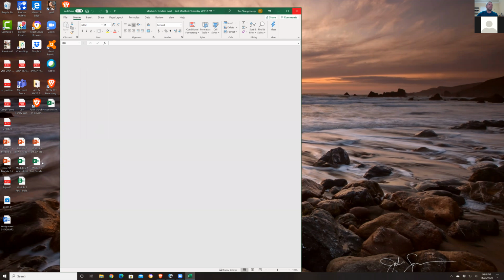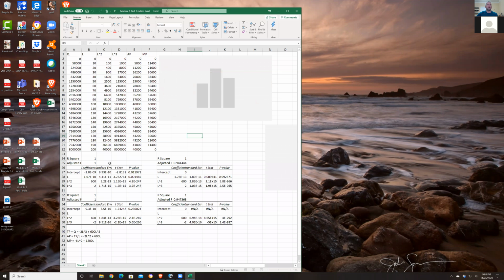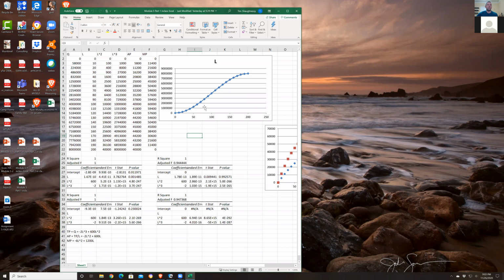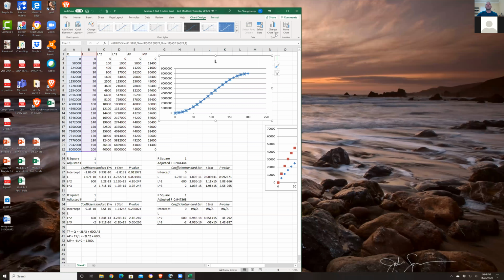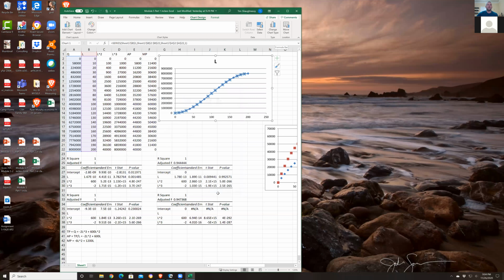Let me pull up this answer so you can see it. I don't know if you can see my screen. This was the practice problem, and the type of chart I did was the one that had the lines in it. I could also do just the dots without the lines.